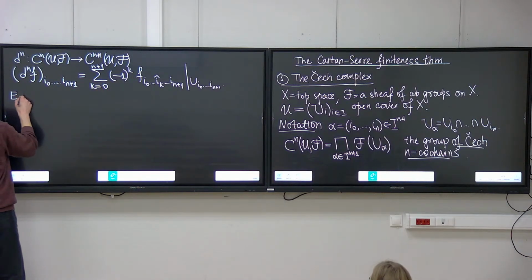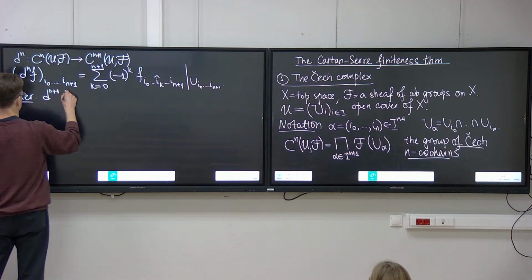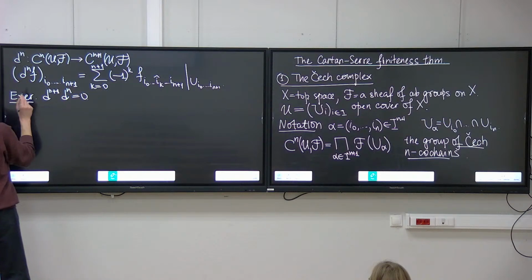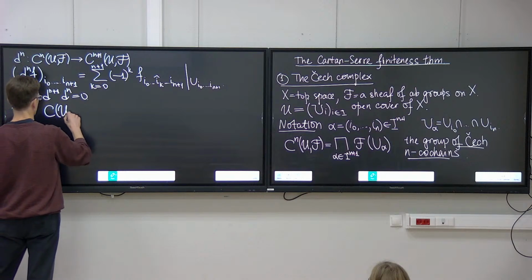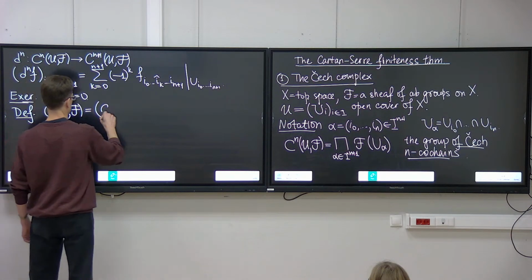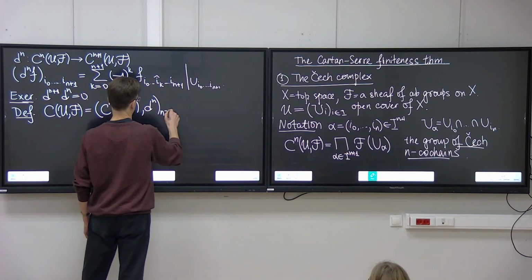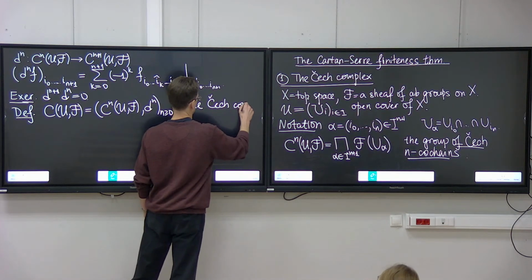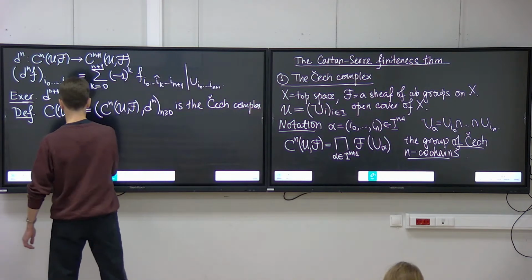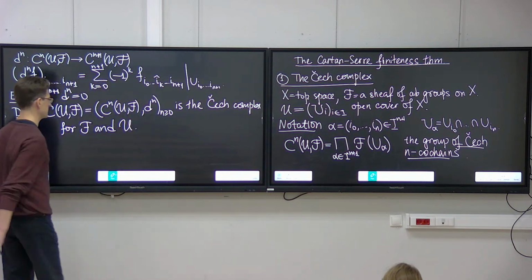A simple calculation shows that the composition of the neighboring maps is 0, so we get a cochain complex, and this complex is called the Čech complex, and is denoted by C(U, F). This is the Čech complex for the sheaf F and the open cover U.